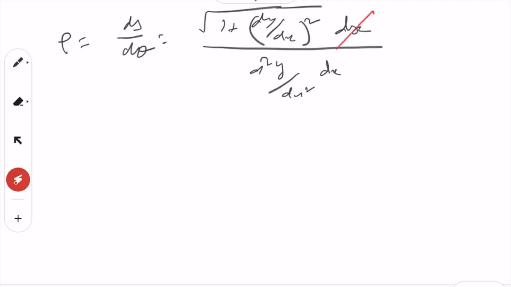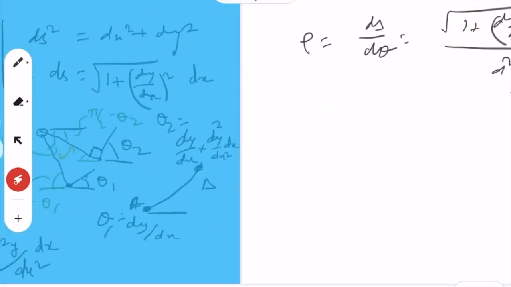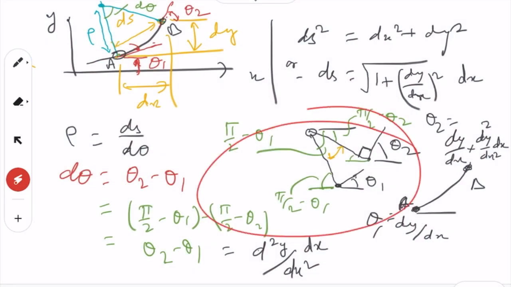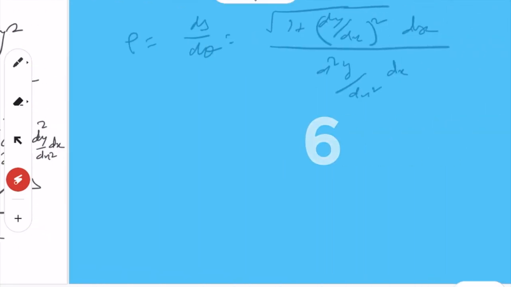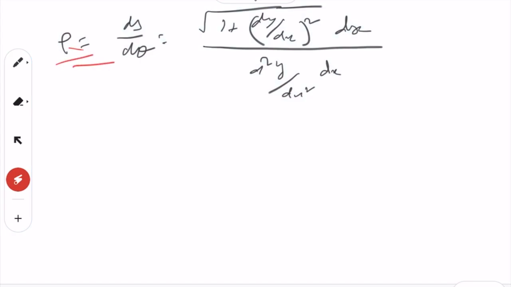So this and this will cancel out. We know this is how rho comes from calculus, from your high school plus 2 level. Actually we did not have to explain it this way, but still I did, so that you have no confusion. So this is rho, given like this.